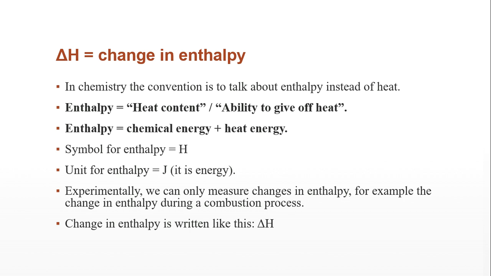Experimentally, we can only measure changes in enthalpy, for example, the change in enthalpy during a combustion process. And whenever we talk about changes, we usually write a big delta, and when we talk about changes in enthalpy, we write delta H, like this.